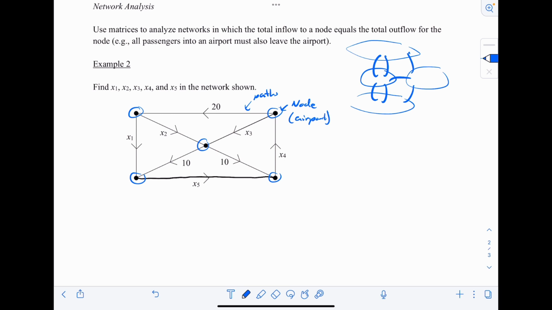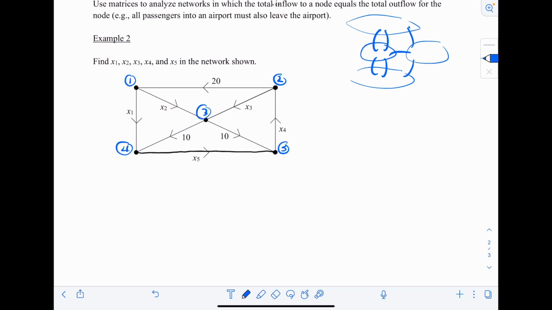So let me erase a bunch of this stuff so that it's not quite so cluttered. Let's call these nodes 1, 2, 3, 4, and 5, and as we write our equations, we can refer to those.